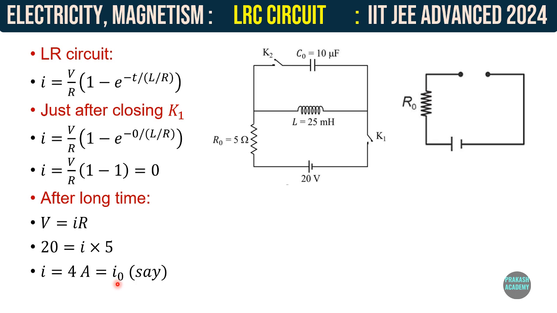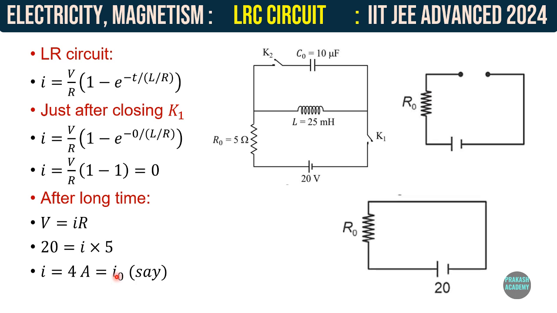Let's call this I0. Now after a long time, this circuit will look something like this. You will have a battery, you will have a resistor, and now the inductor is not opposing. There is no opposition due to this inductor, and that is why it will act like a straight wire.